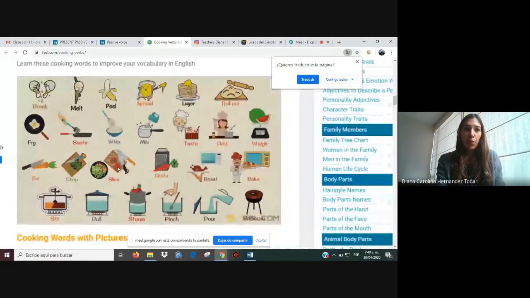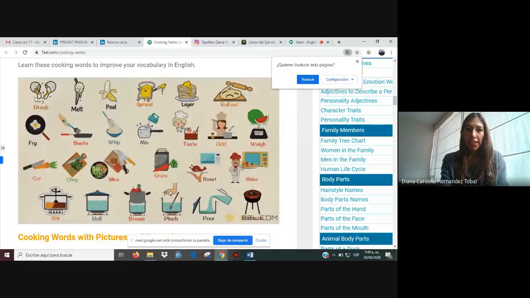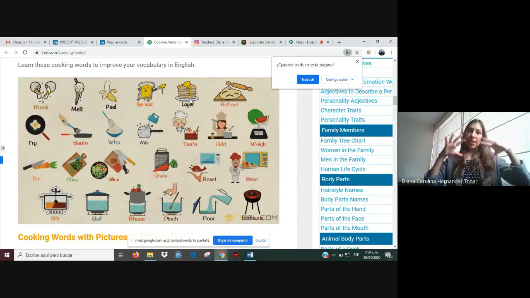So here we have break. So when you break eggs. Melt, that's what happens with ice cream, for example. It melts. Peel, what you do with the banana. Spread. Layer, you have different layers here. Layer is a noun, yeah? For example, if we talk about the Earth, our planet, the Earth has layers.